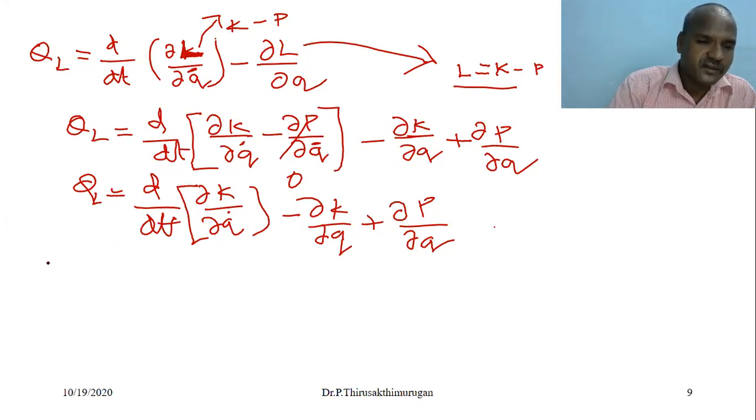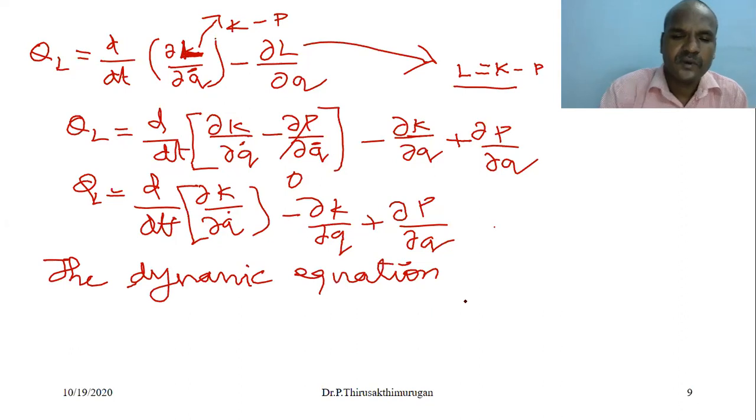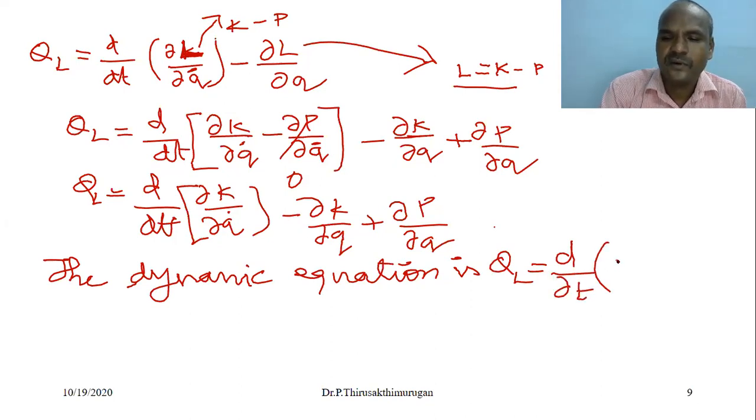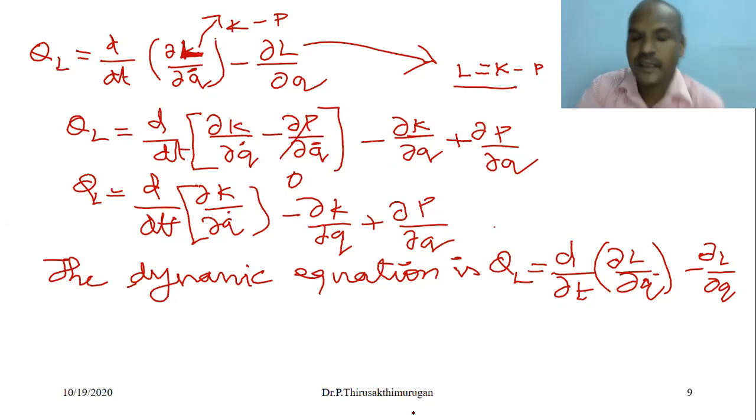So the dynamic equation is QL equal to d by dt of dou L by dou Q dot minus dou L by dou Q. So this is the dynamic equation for a robotic system.